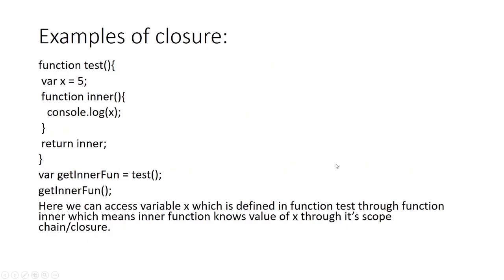This is the example which we have seen on JSBin. Here we access x, which is defined in function test, through function inner, which means that the inner function knows the value of x through its scope chain or closure. The inner function will have a closure which will have x, and that's why we are accessing that inside our inner function. So this is the basics of closure.